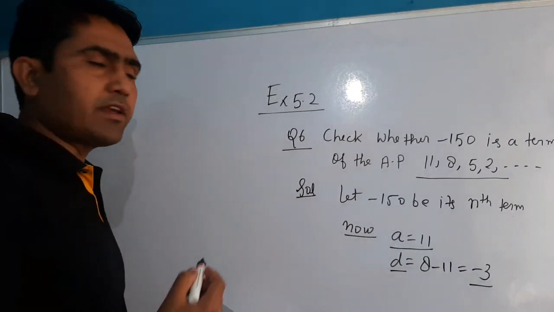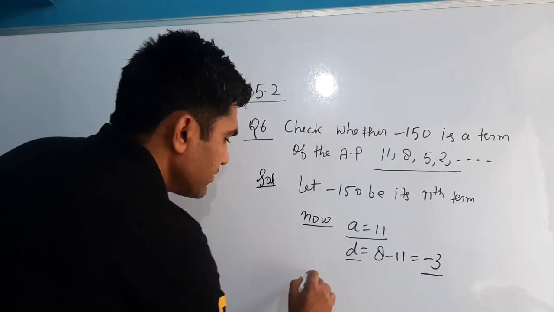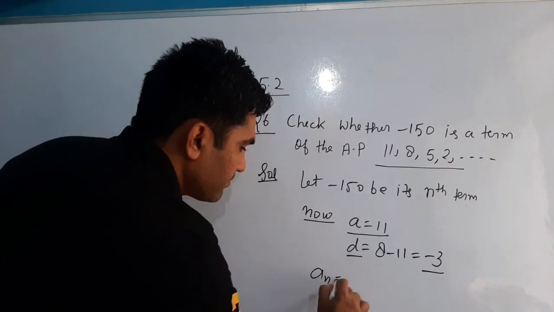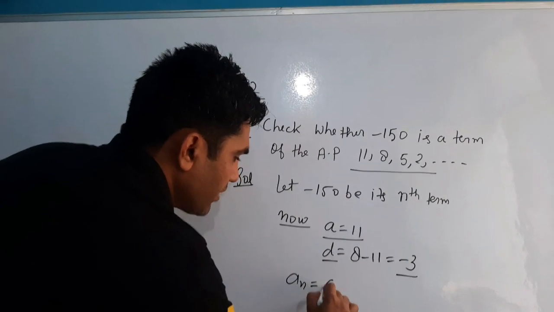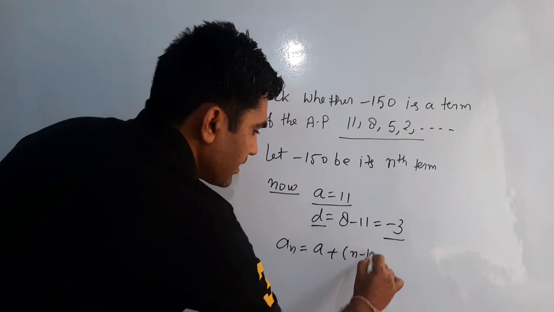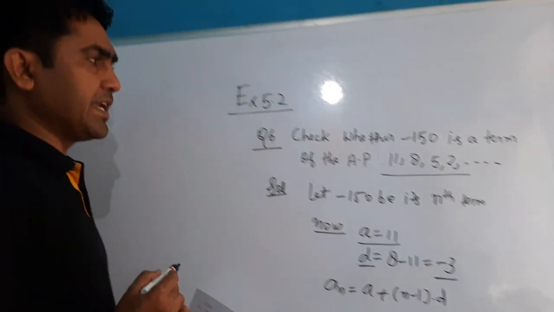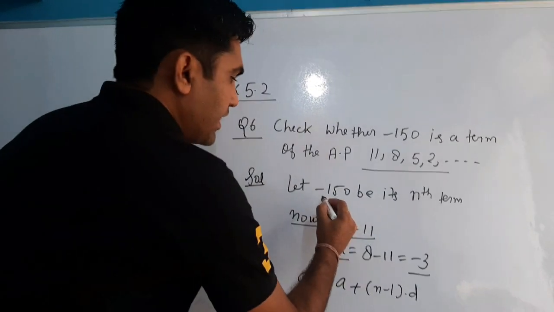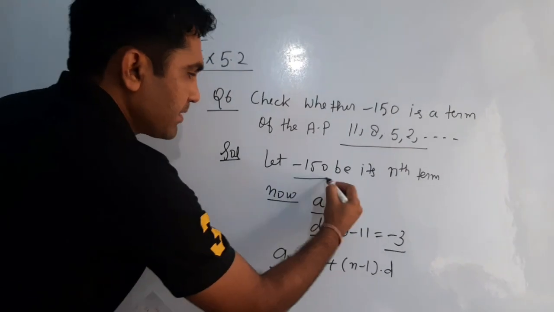Now we will use the nth term formula. So An equal to A plus n minus 1 into D. In place of An you will write minus 150.